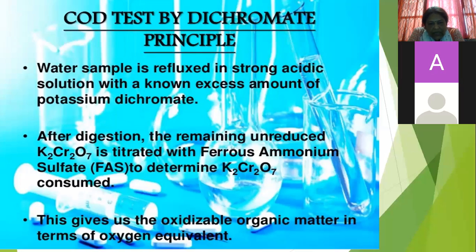So that is called refluxing. Otherwise, in normal boiling, any liquid gets evaporated. That's the difference. It is not normal boiling, but refluxing. So the wastewater sample is taken, mixed with acidified potassium dichromate, and put for refluxing.